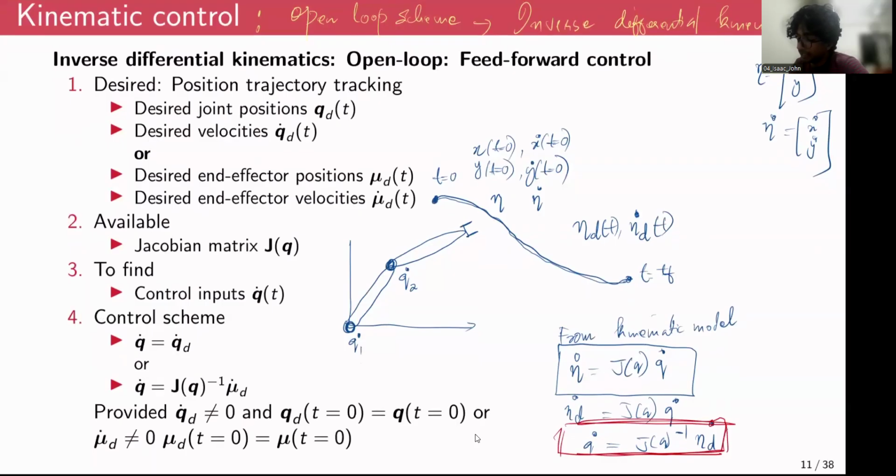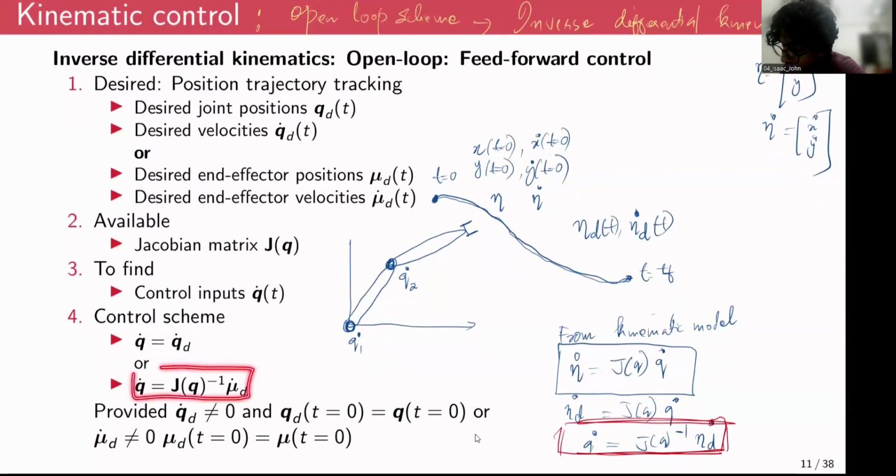So that's what this equation essentially says, right? If you want the robot to execute a desired trajectory, you multiply that with the Jacobian matrix. We can always assemble the Jacobian matrix because it's based on the geometry of the robotic manipulator. And q dot would be the control input. In kinematic control, q dot would be the control input. That is what we would be supplying into the motors.